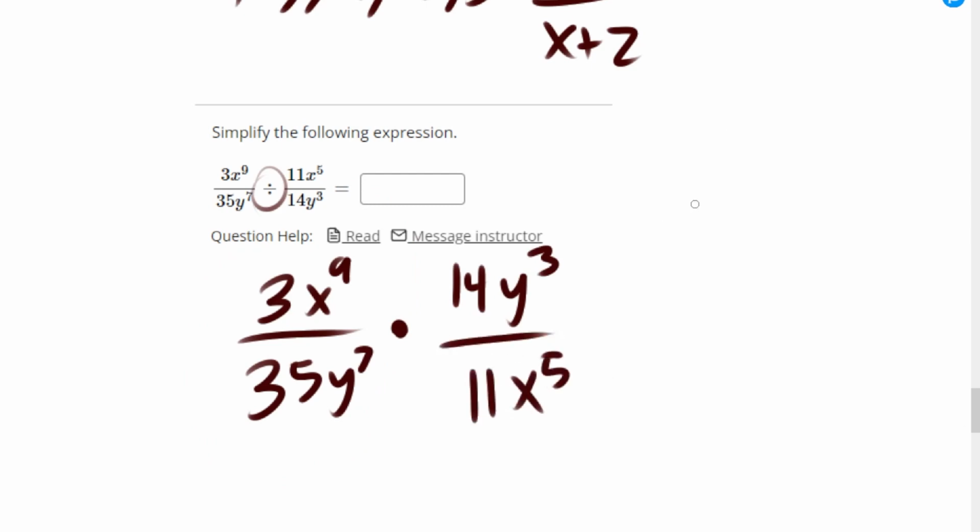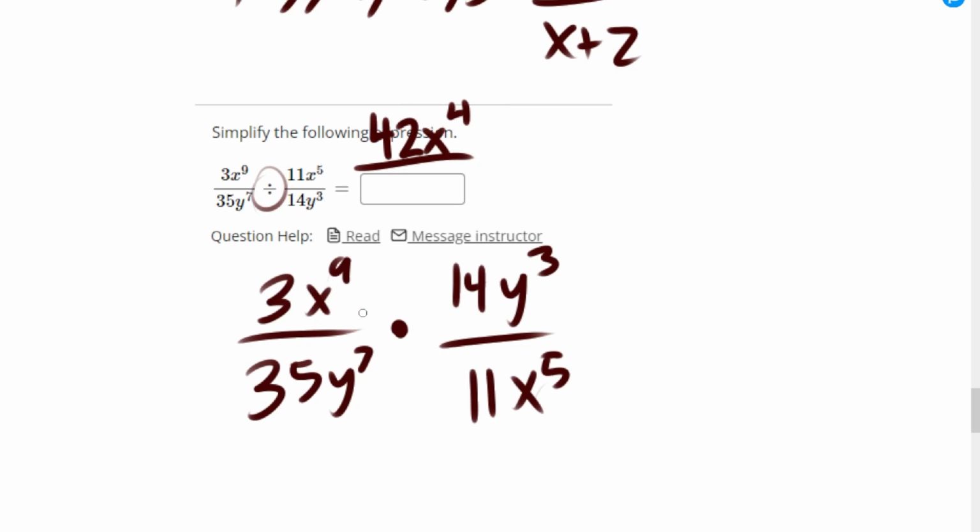Now you can cross multiply. So it looks like we will be left with 3x to the 4th times, so 3 times 14, which is not coming to my head at this moment, so one moment. So 42x to the 4th.